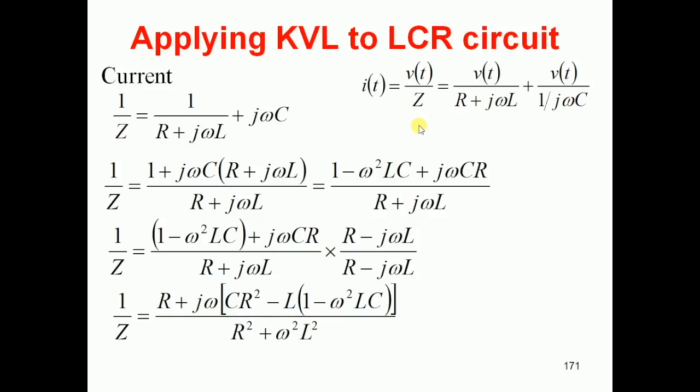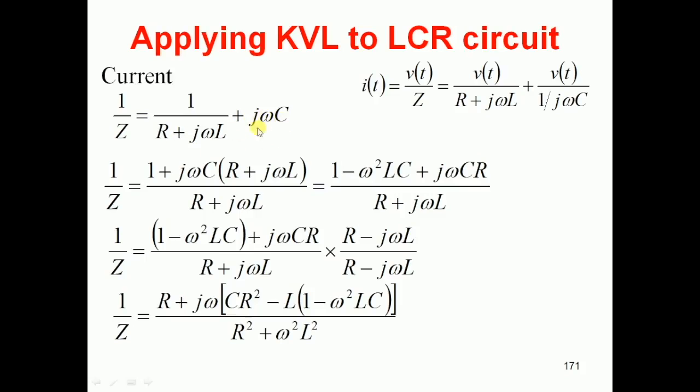Now here we can plug in the values V of t divided by Z. So for pure capacitive part, the second term will appear, and series combination of inductor and resistor is represented here, and 1 by Z is equal to 1 upon R plus j omega L plus j omega C.